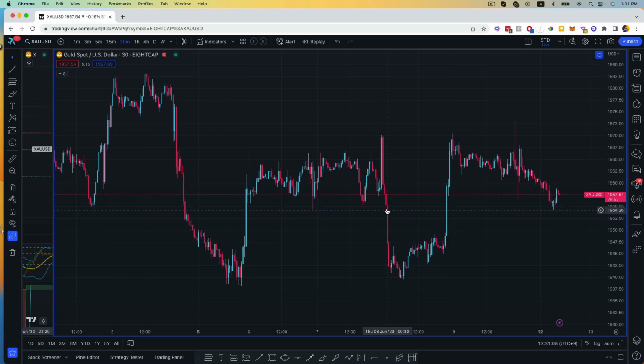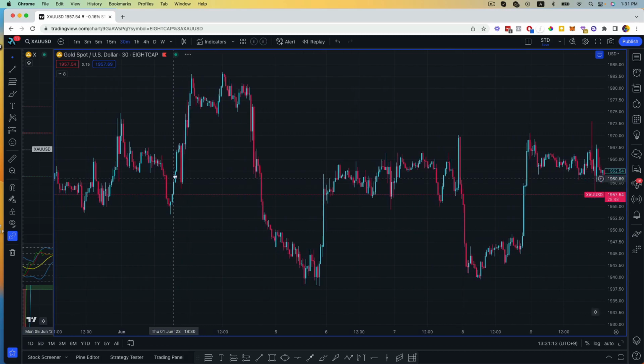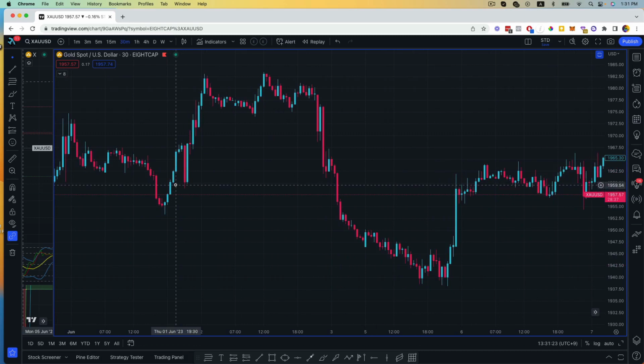It filled it perfectly over here. Even though price shot up, we can see the imbalance over here. If we zoom in on this area, we can see that there's an imbalance. So what price did, it shot up and came back to the imbalance and then moved higher.